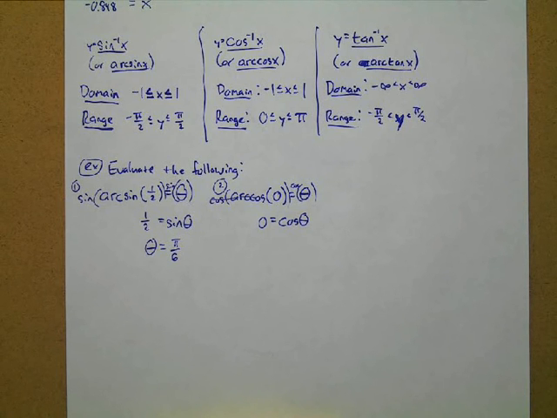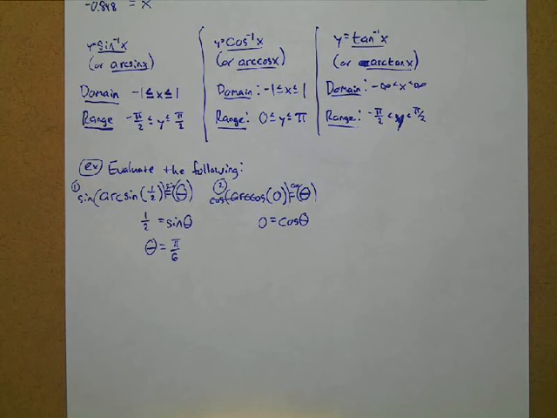This one's not one of our special right triangles, because our special right triangle doesn't have 0 on it. This is going to be one of those places on our unit circle. So we have (1, 0) here, (0, 1) here, (-1, 0) here, and (0, -1) here.